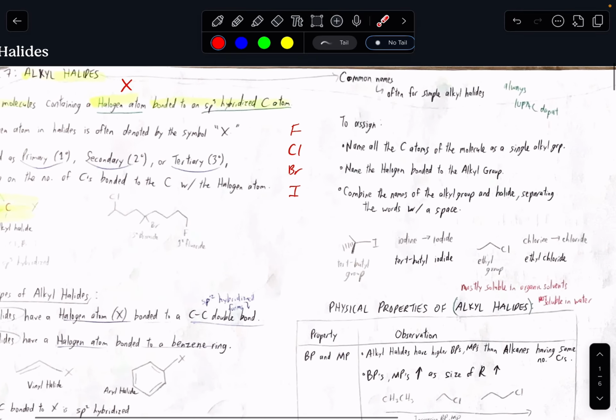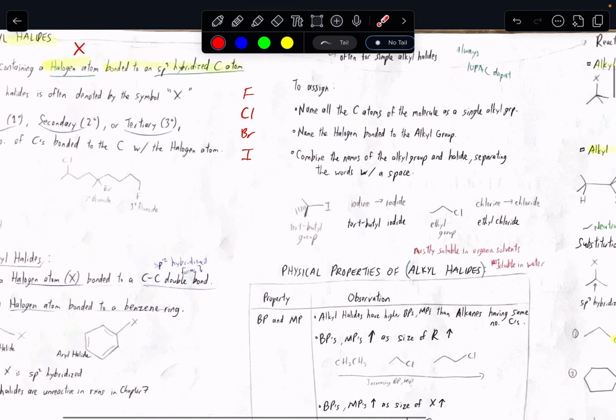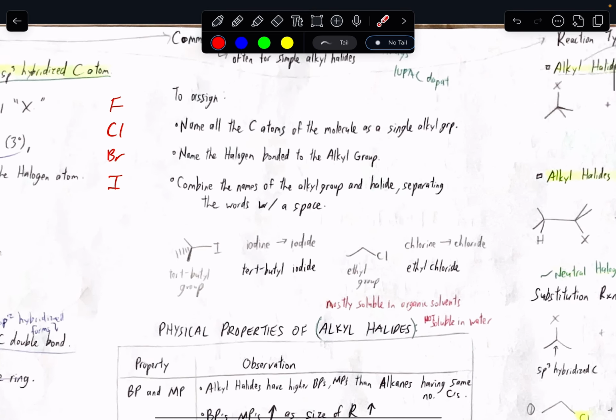So, what are common names for alkyl halides? Often for simple alkyl halides, always IUPAC. When you assign a name, you have to name all the carbon atoms of the molecule as a single alkyl group. You name the halogen that's bonded to the alkyl group, and you combine the names of the alkyl group and the halide, separating the words with a space.